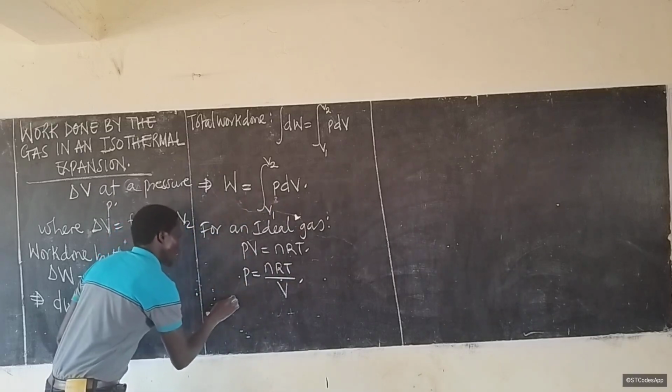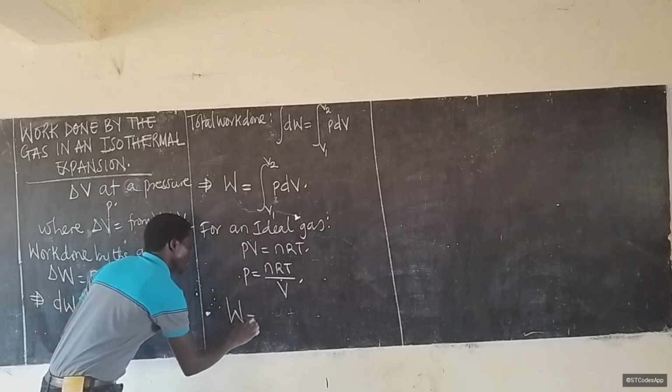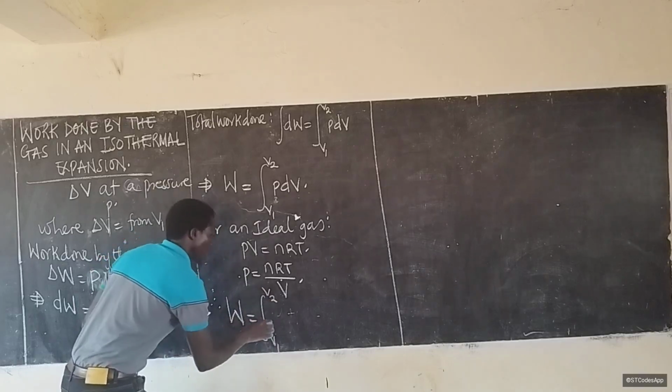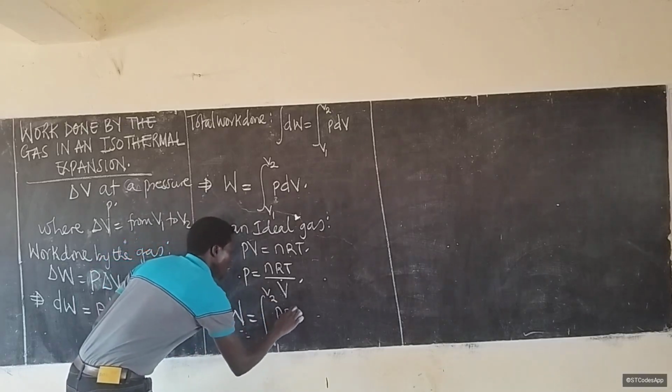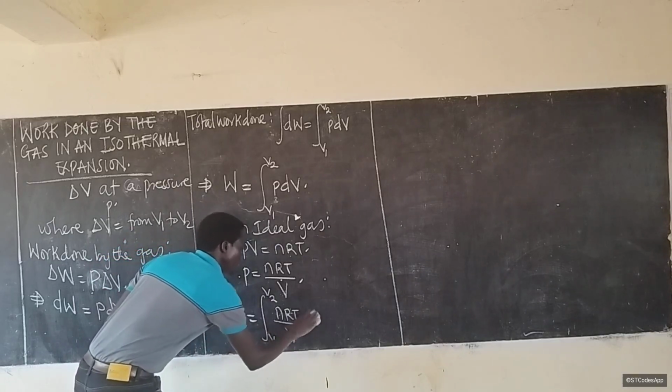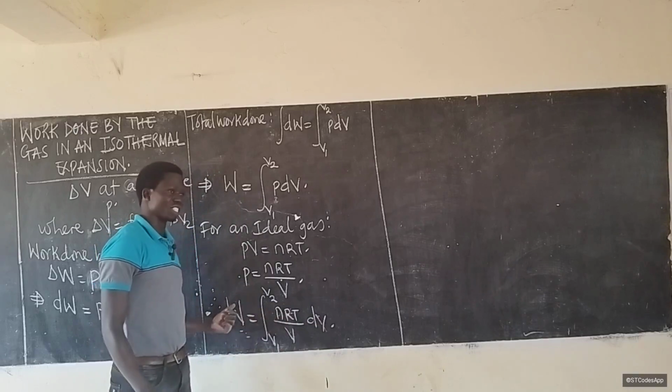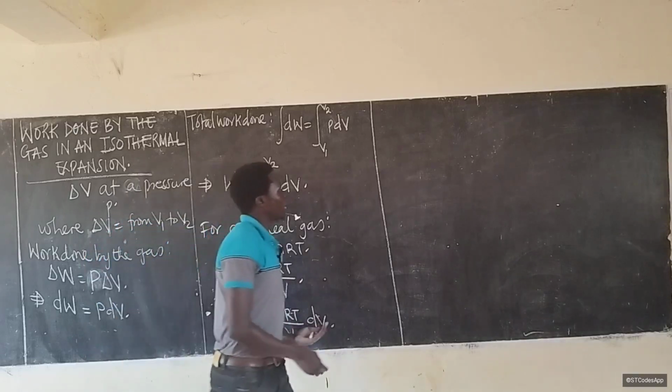So therefore, the work done will be equal to the integral from V1 to V2 of nRT out of V dV. You realize that nRT are constants, and we can factorize them out.